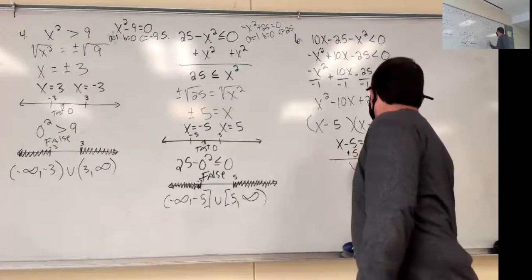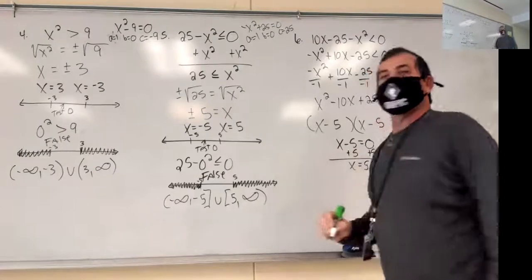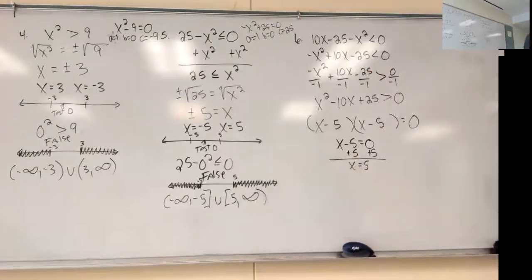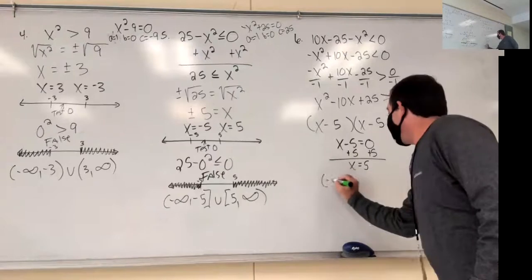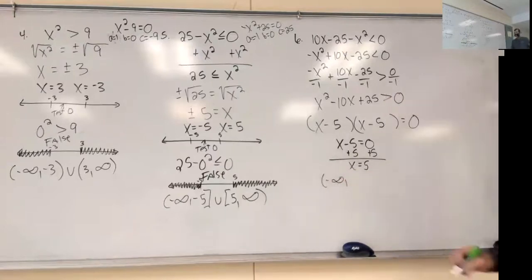That's how it gets. So the question is, what did I say I would do when I only get one answer? Exclude it from the domain. That's the only one we're going to exclude from the domain. So this will go from negative infinity to the 5. Now, here's the thing on these ones. When you only get one answer, it'll always be curves.